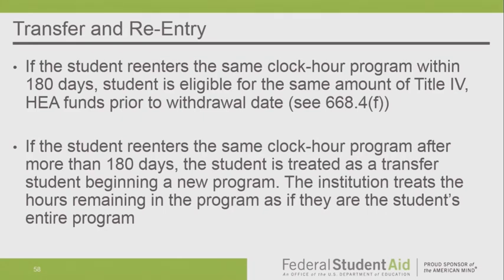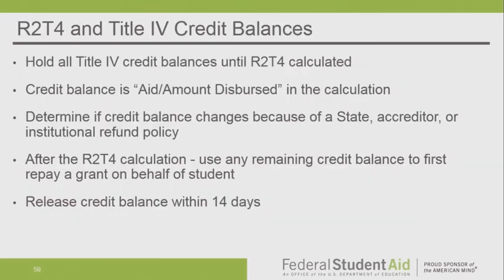If they return after 180 days, the student's return is considered a transfer to a new program, and then you treat those hours remaining in the program as if they're a student's entire program. Go to volume 5 of the handbook if you're a clock hour school and read that section. It'll help you understand exactly what all this means. We're just giving you a brief overview here, but there's more detail, and I would encourage you to go look at that.